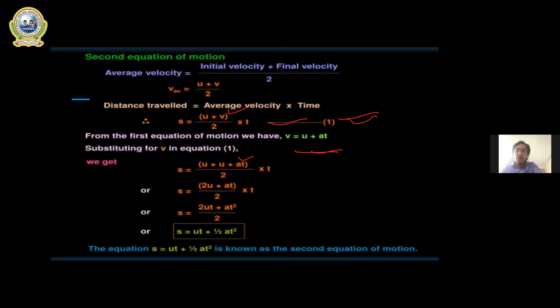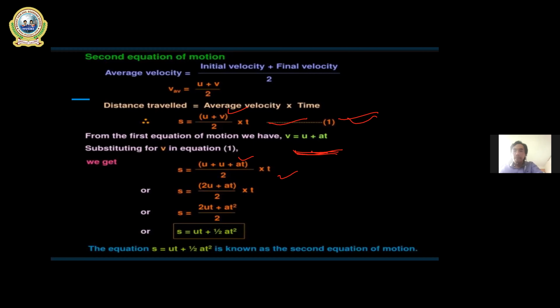In equation 1, where we have small v, we substitute v equals u plus at. Then s equals (u plus u, which is 2u, plus at) whole upon 2 into t. Addition of u and u gives 2u, plus at as it is, whole upon 2 into t.